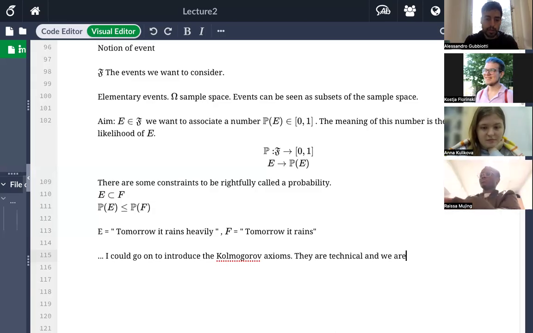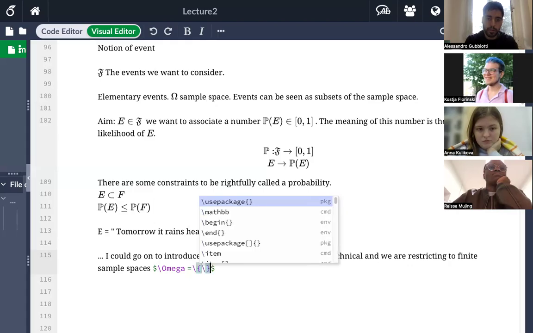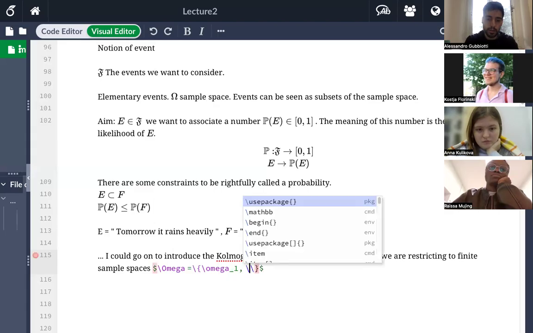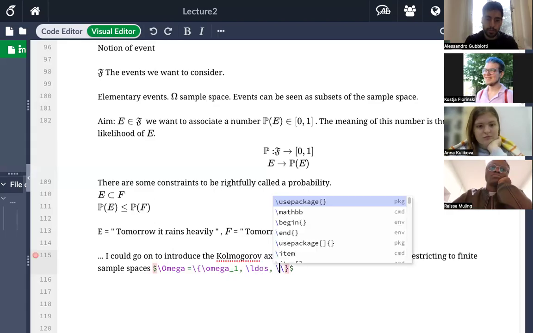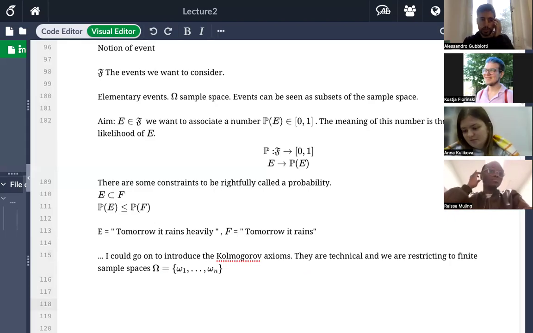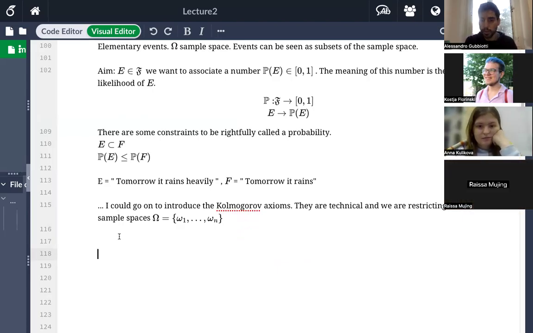We are restricting to finite sample spaces of the form omega 1, this form here. In this case, the Kolmogorov axioms are too easy to be stated.